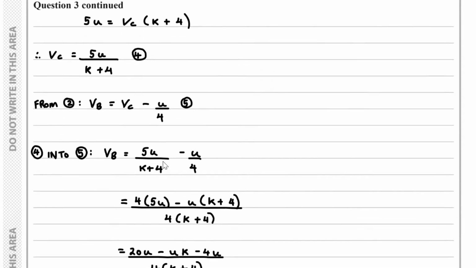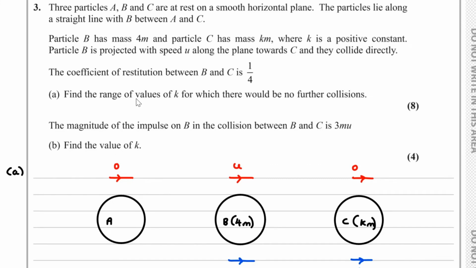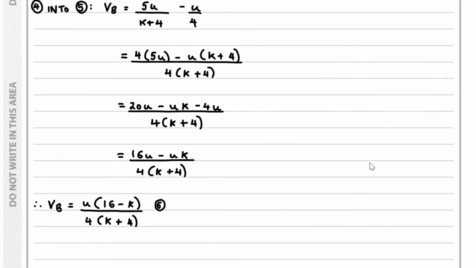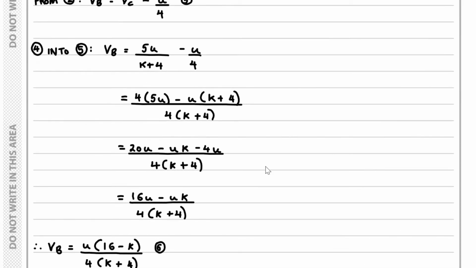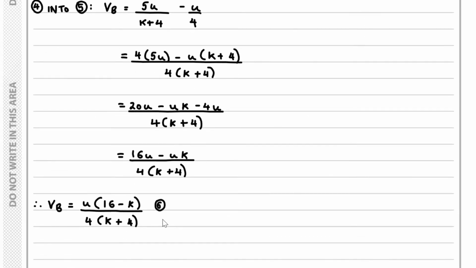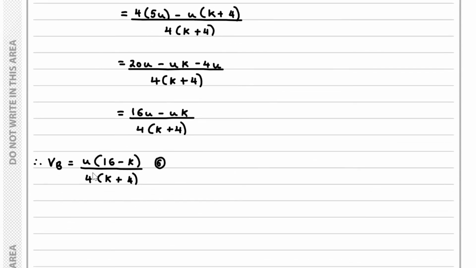Now if we go back to the question, what we have to do in this question is find the range of values of k for which there would be no further collisions. Well, if we compare equation 4 with equation 6, we've got over here 5u over k plus 4, and here we've got u lots of 16 minus k over 4 lots of k plus 4.